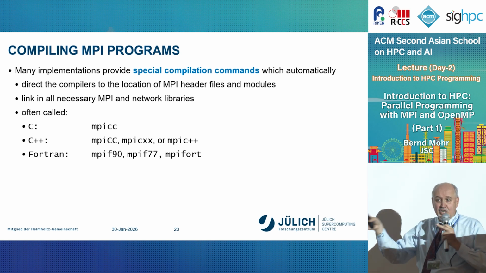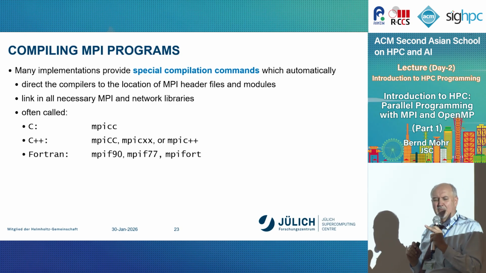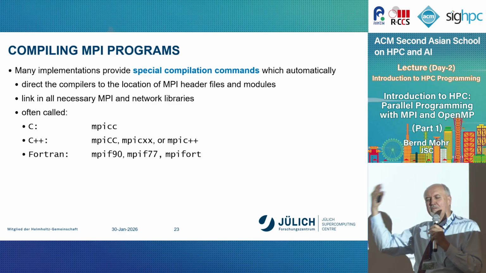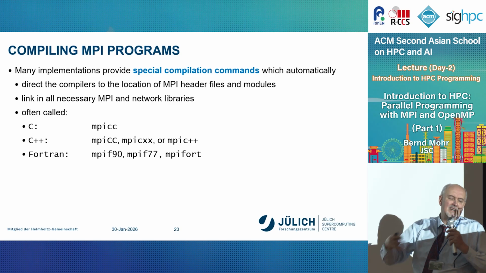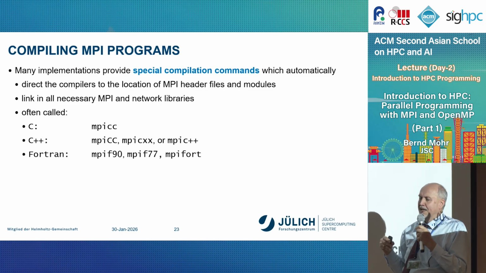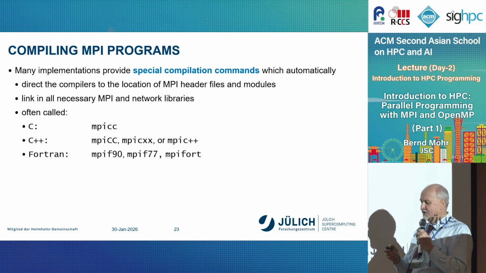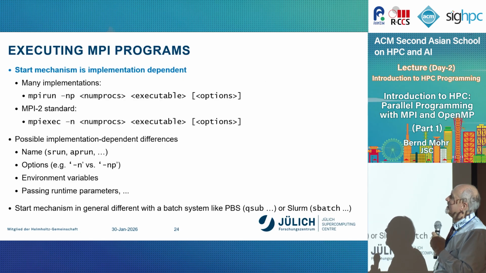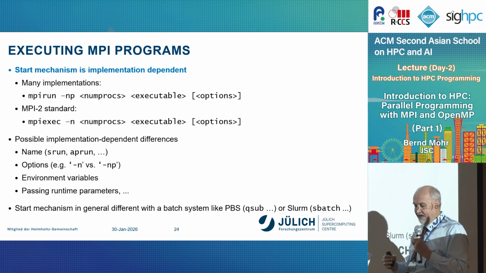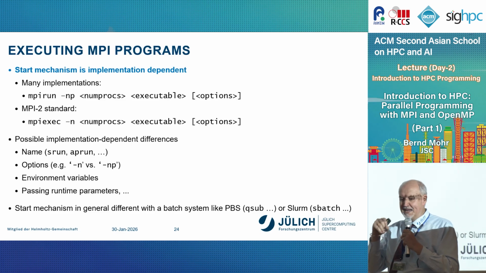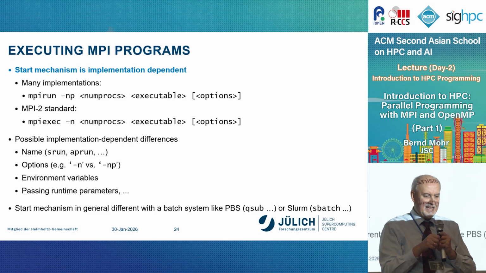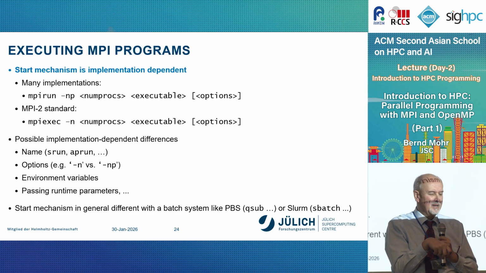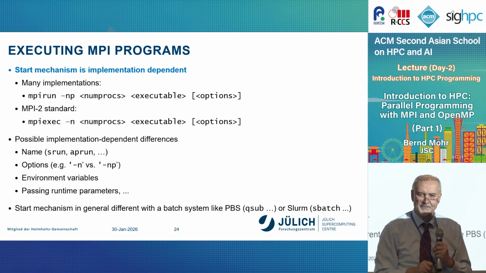You can actually have multiple MPI libraries on some clusters. There's typically a public domain one you can download from the internet, and then there's one from a vendor. You cannot use them together, so you have to choose one MPI and then use it. Okay, then I have my compiled program, and now I want to run this program on 8 processors.